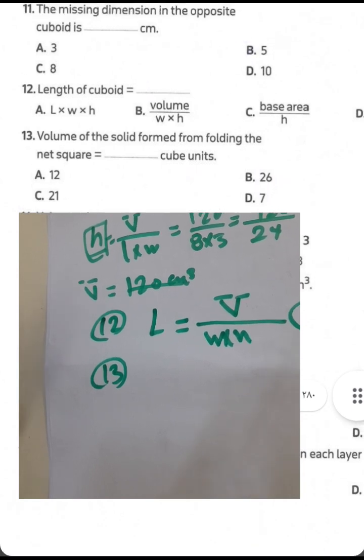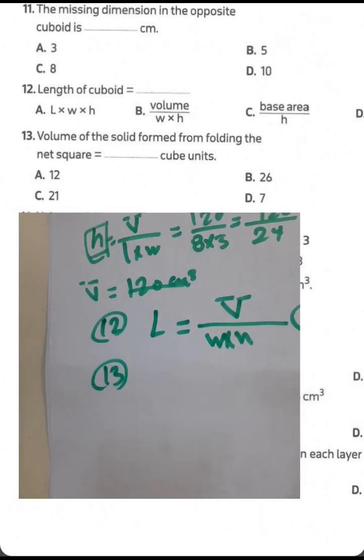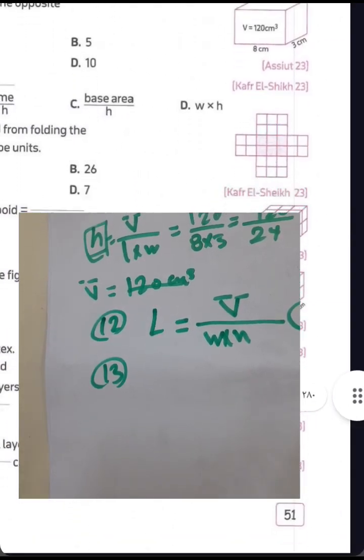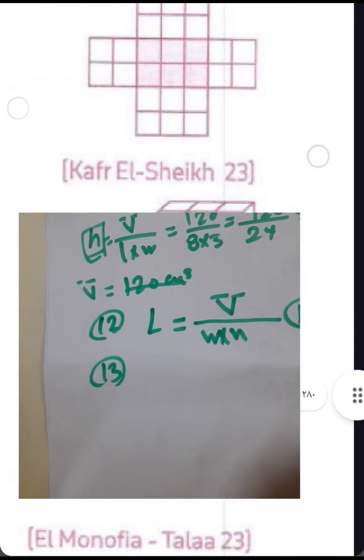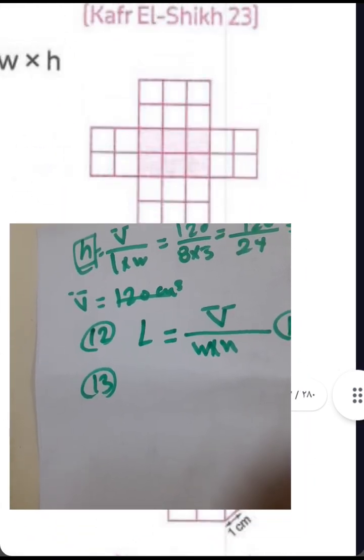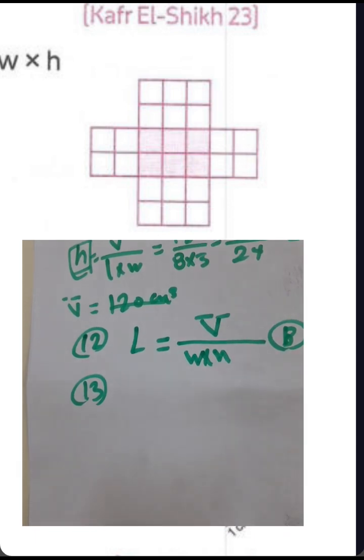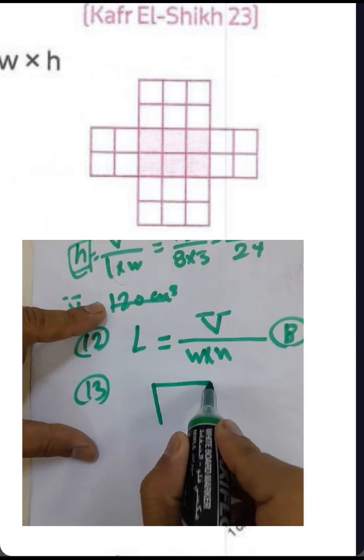Question 13. The volume of the solid formed from folding the net square space here. Look, we want to find this cuboid's length and width and height. You must write here how many lengths and widths and heights.